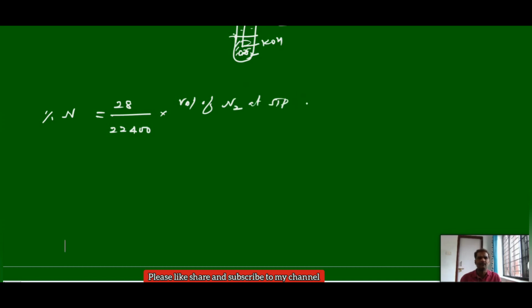Here we have to take the volume of nitrogen in ml. Why? Because 22,400 is the volume of gas at STP in milliliters, divided by the weight of organic compound, times 100.